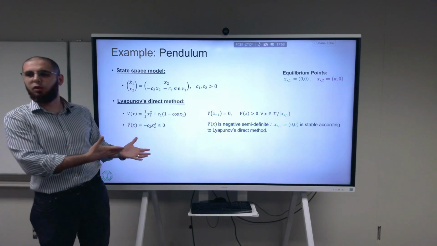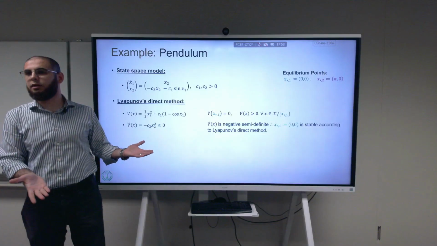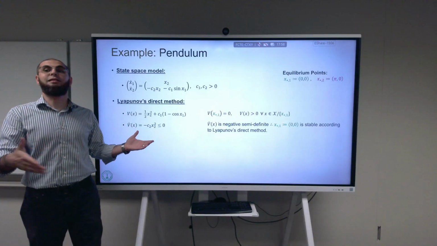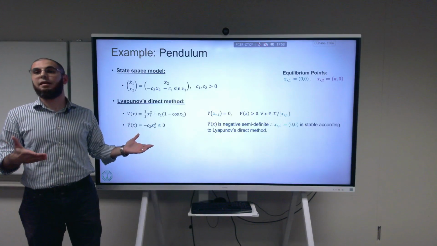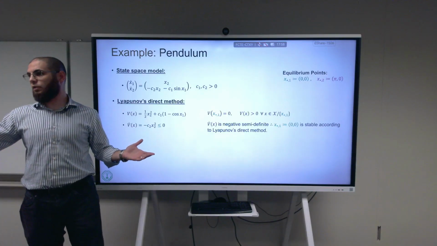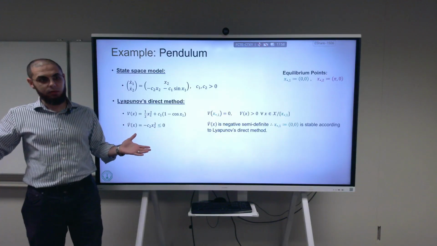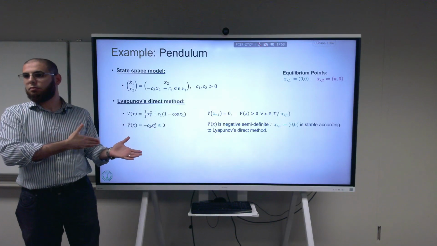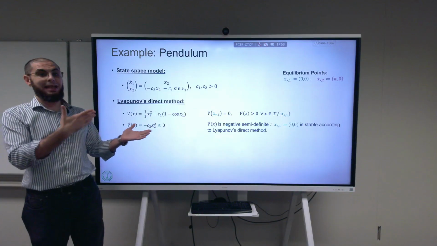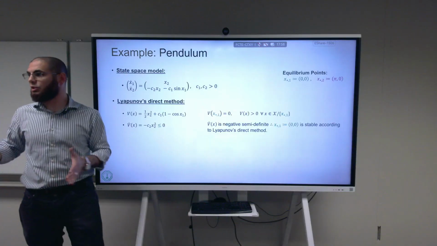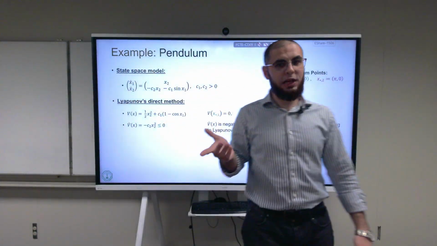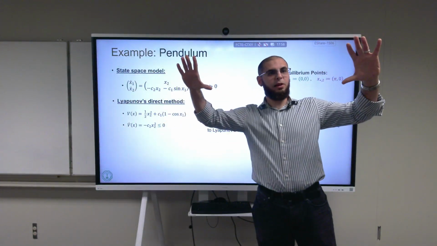Why? From those who attended last time, why is this negative semi-definite? If you look at it intuitively, it's always negative, right? Because it doesn't depend on x1, which means that x1 can take a positive value and still V dot is zero when x2 takes 0. So you see, it has to depend on both x1 and x2 so that you can check negative definiteness. Another way to check it is to rewrite it into a matrix, a Hessian form.